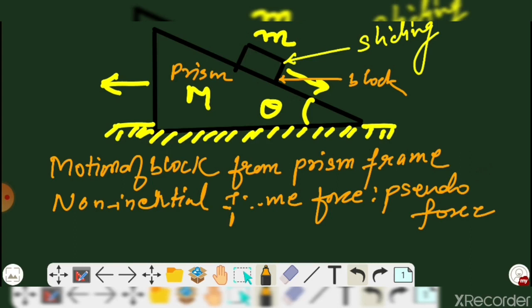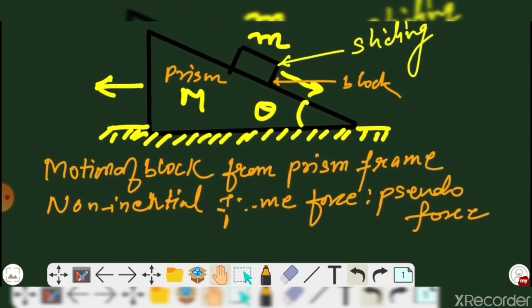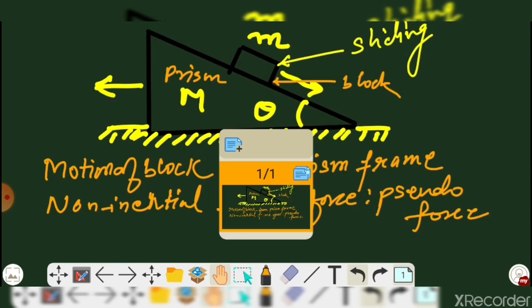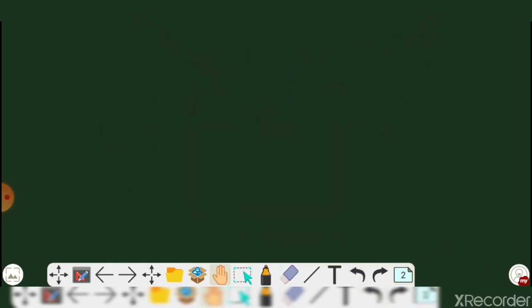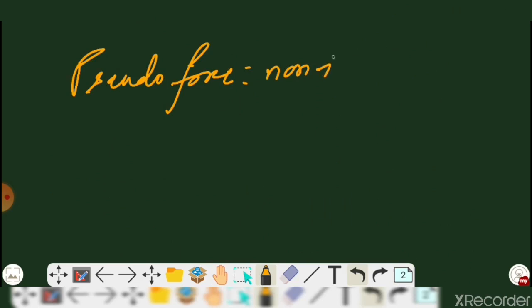A simple example I would like to tell you about the pseudo force. When you are considering the non-inertial frame, you have to consider the pseudo force.